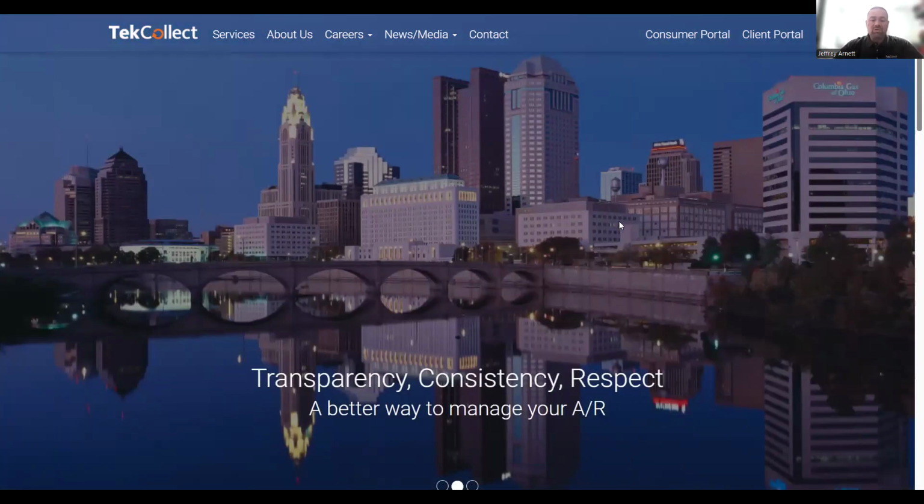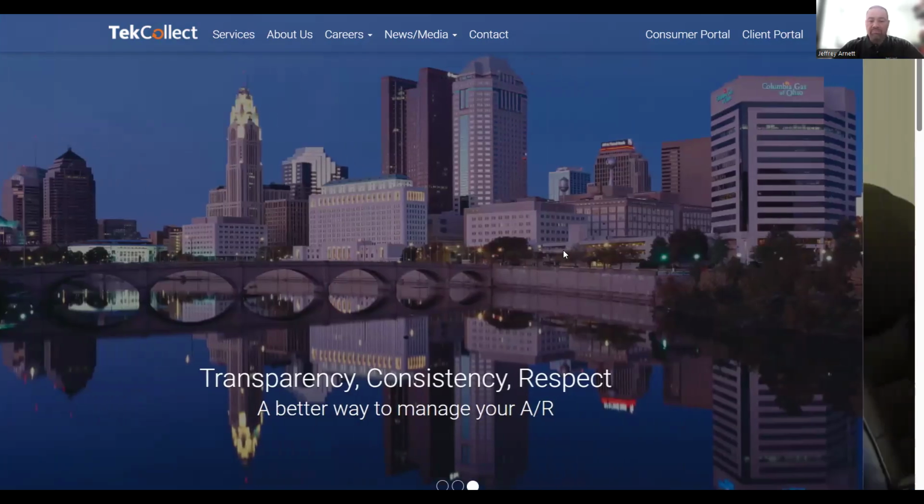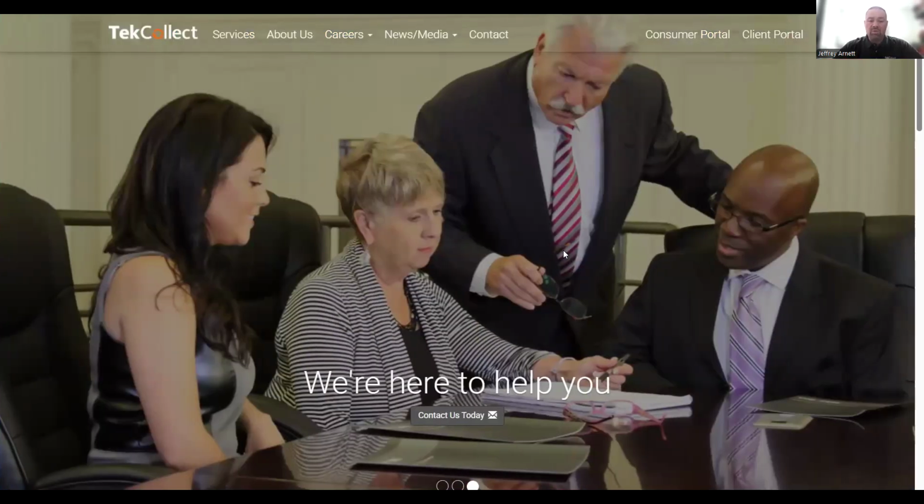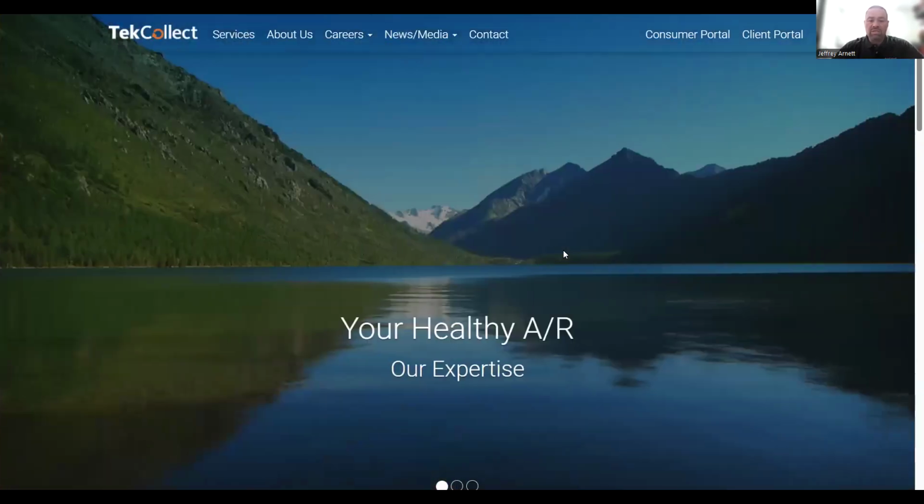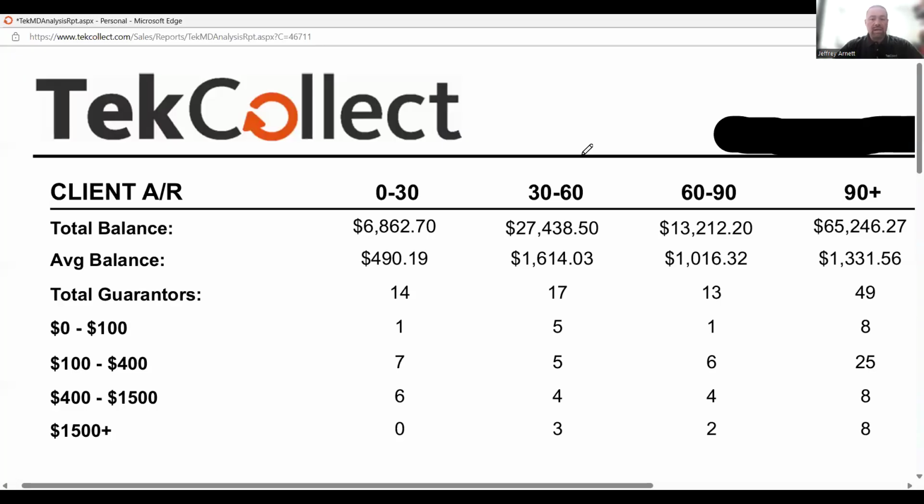So I'm going to change screens now and share a little bit of a particular new client to me that just came on board. And so their AR, when they first came on board, this is an example of potentially what an AR might look like if it's not as healthy as you want it to be.